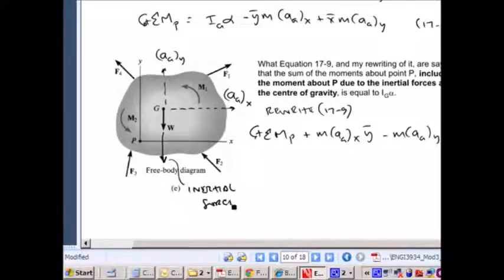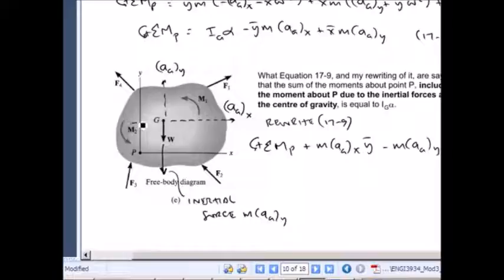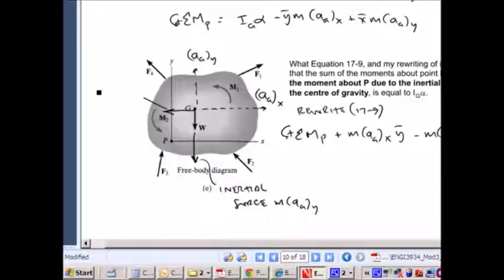Here is an inertial force m a_gy in the y direction, opposite a_gy. Here is another inertial force, m a_gx in the x direction, opposite the x component of the acceleration.